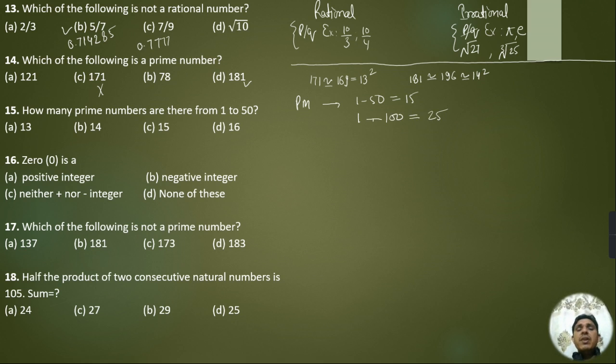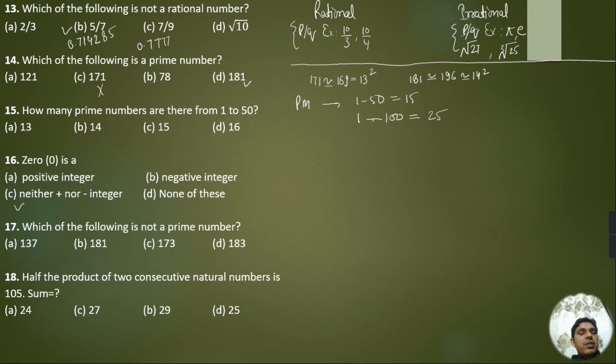So there is not a particular formula for finding the number of prime numbers within a particular range, right? Question number 16, the next question we have is 0 is, answer will be neither positive nor negative integer.